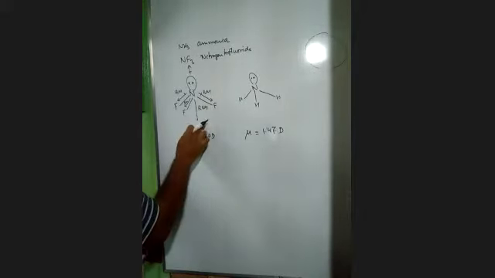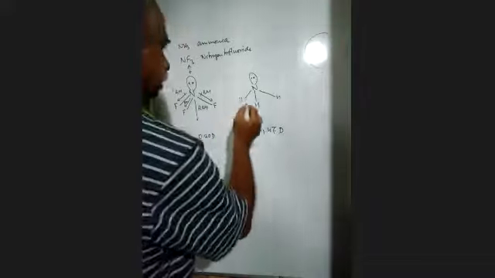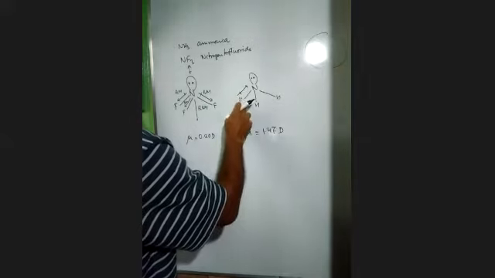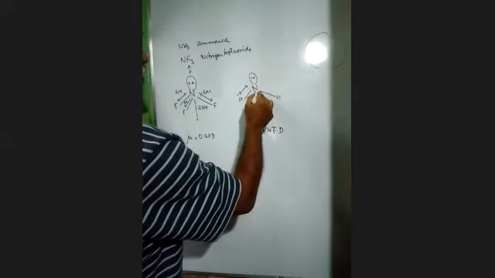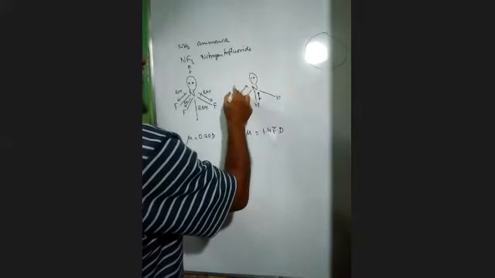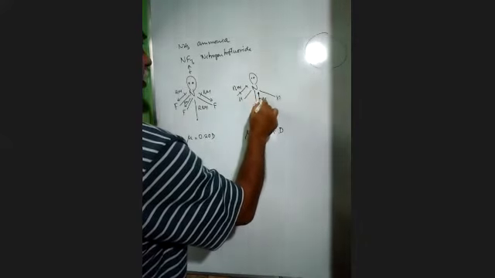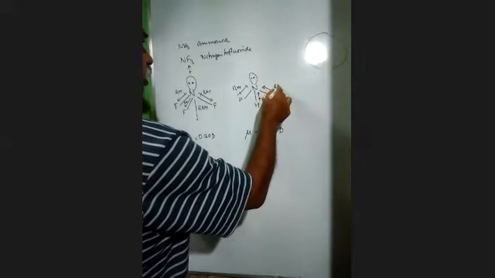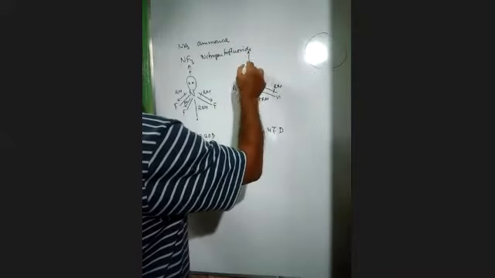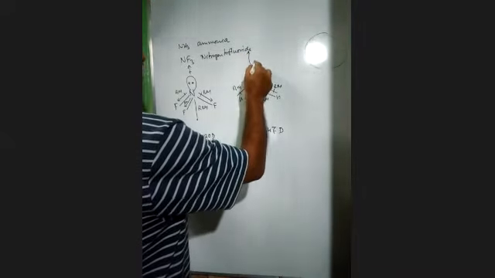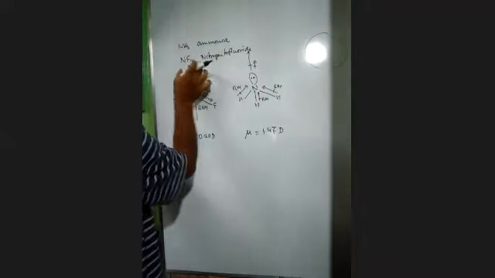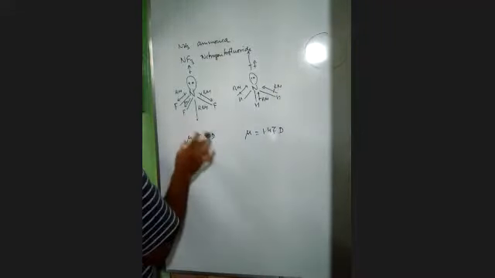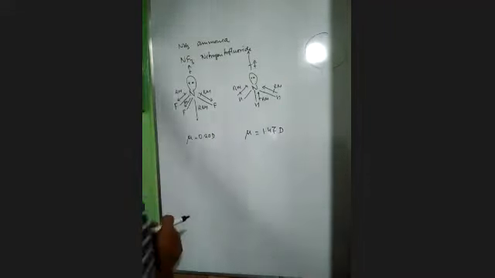Yes, because this opposes this, the value is less. But let us see in case of ammonia, nitrogen is more electronegative than hydrogen. So the bond moment will be in this direction. So the resultant bond moment will be in this direction, and this lone pair moment also will be in this direction. So it is added in one case and subtracted in the other. As the effects are added, the value is more. And where the effect is subtracted, the value is less. First you draw. Now we'll write the question.